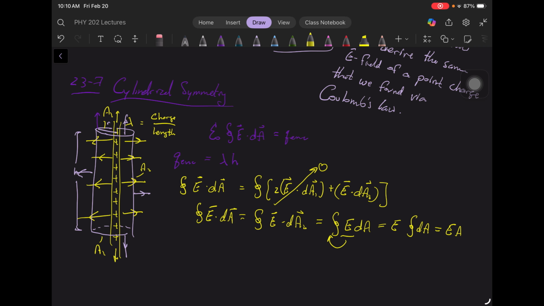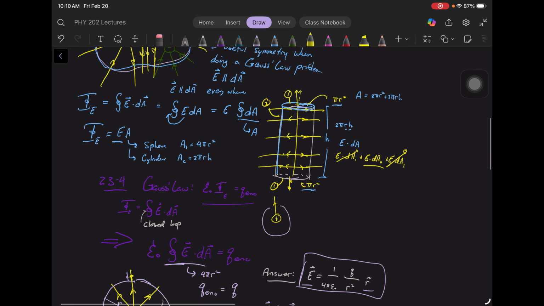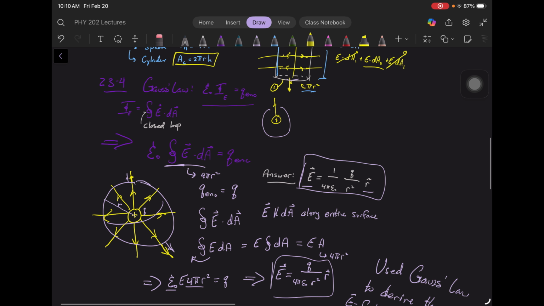And so, right, we can't forget our epsilon naught. And so what we get on the left-hand side is epsilon naught EA. And we have that is equal to lambda H, the charge enclosed. And then if you'll remember, we had this equation for a cylinder, for the area of a cylinder.